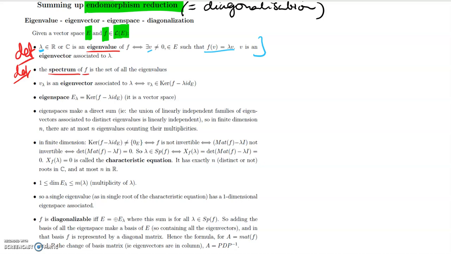When we are talking about linear maps, you can think about the matrix in finite dimension. Endomorphism, you can think about a square matrix. Maybe I should have said that first. Right. So the spectrum of an endomorphism is just the set of all eigenvalues, right? So sometimes we write it as SP, spectrum of F is the set of lambda eigenvalues of F. Okay, that's as simple as that.